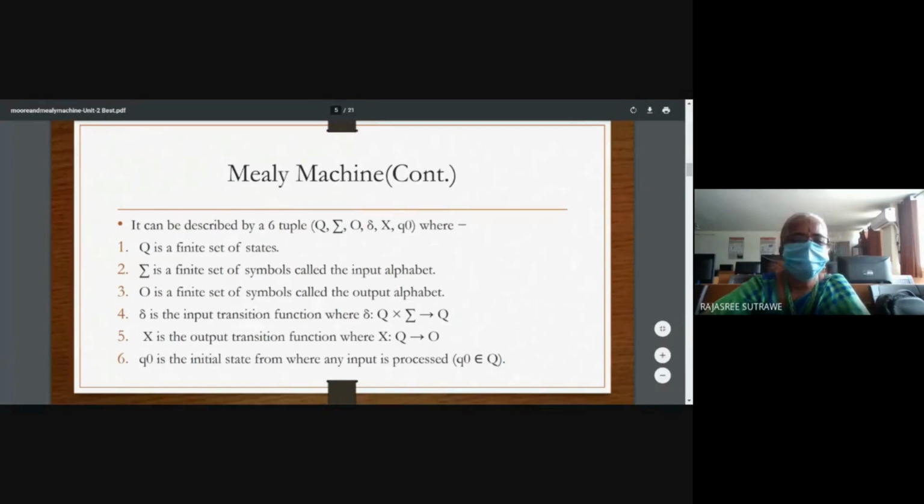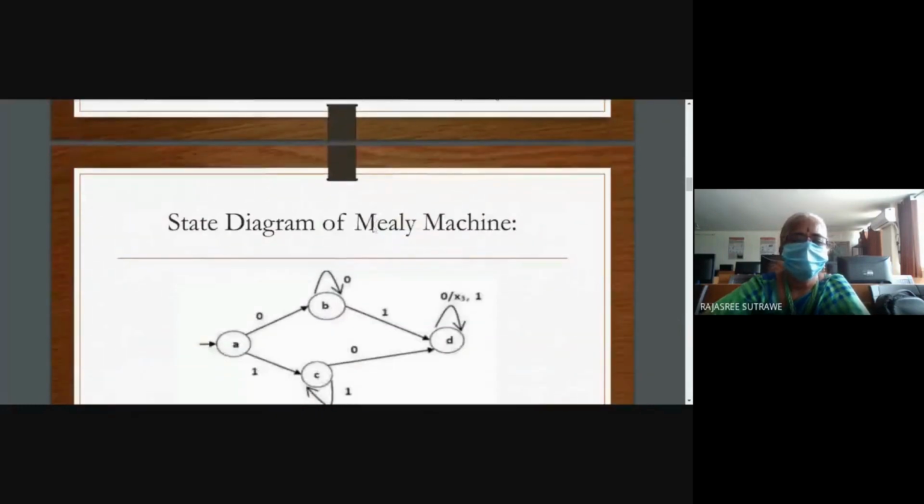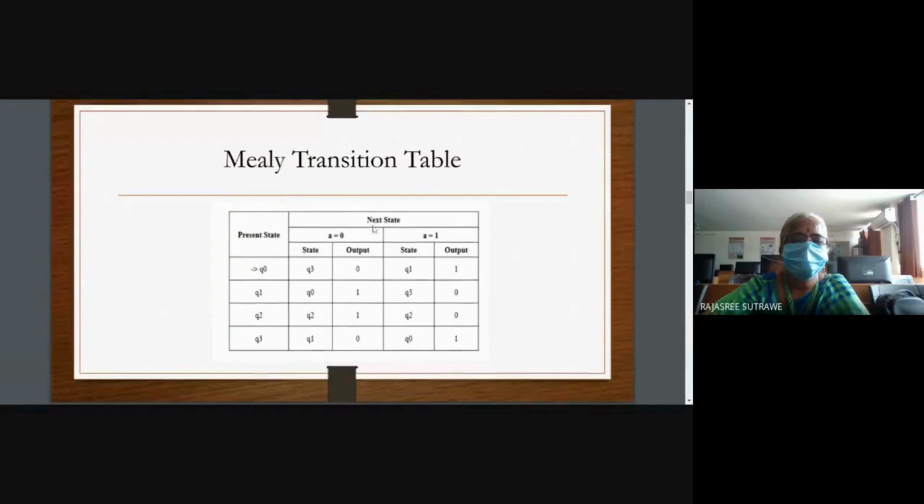So to understand this, we'll take one example. Not this one, we'll take the transition table directly, because you can easily understand this. Here we have the present state and next state for the Mealy machine, with state and output for a equal to 0.